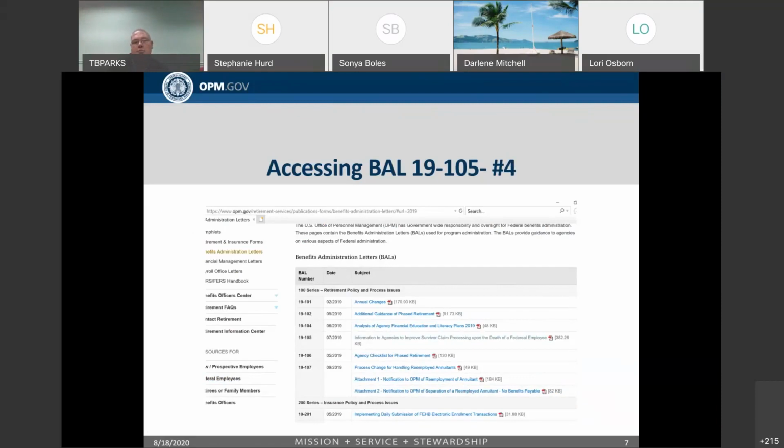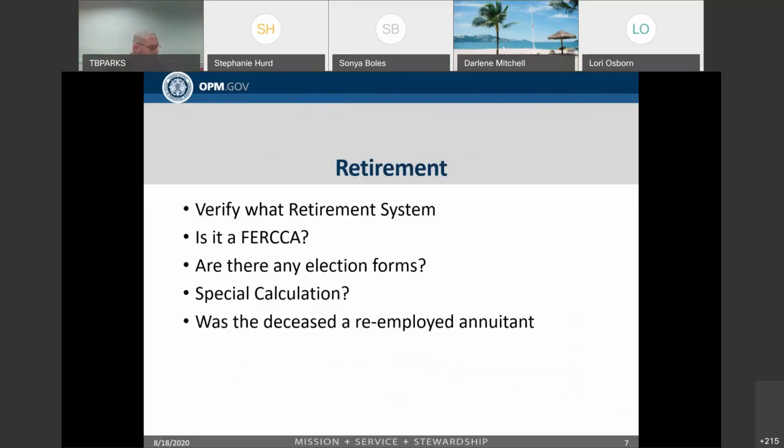As I said, I'm sure you're already familiar with doing that. On a side note, that does supersede BAL 09-102. Some of the information might be similar, but this supersedes that other BAL.